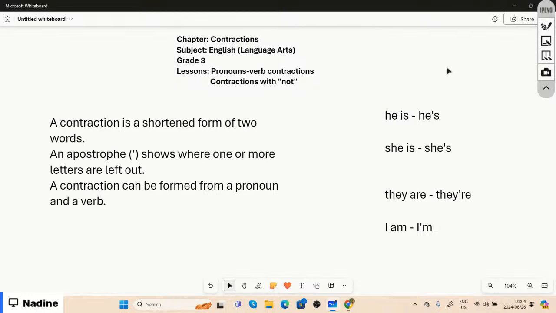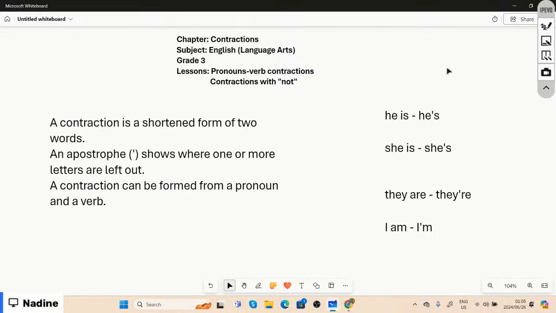All right. So when it comes to contractions, a contraction is a shortened form of two words.